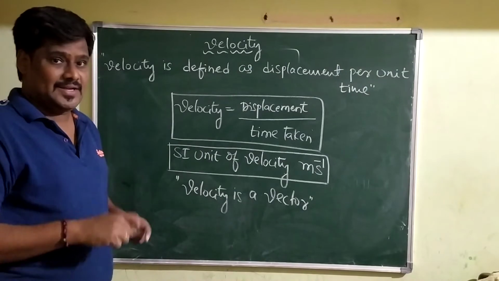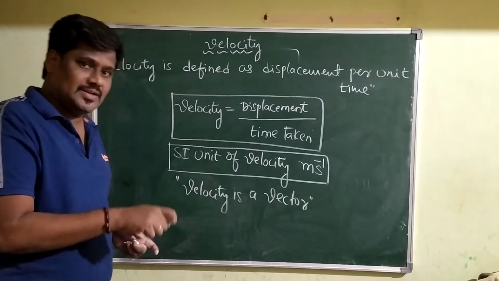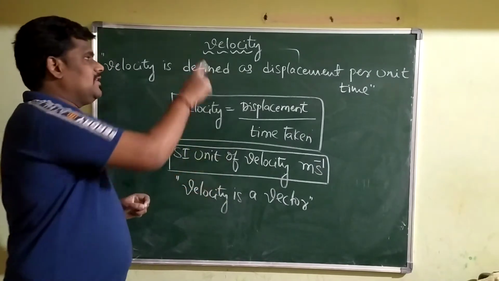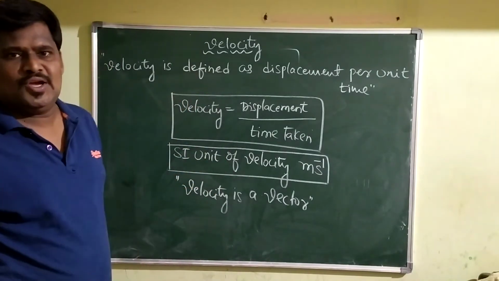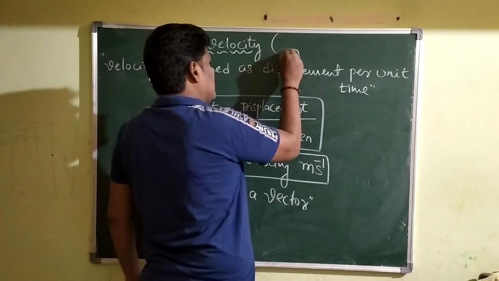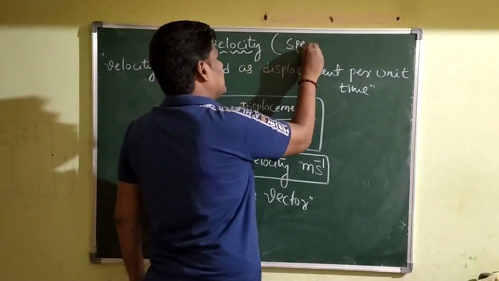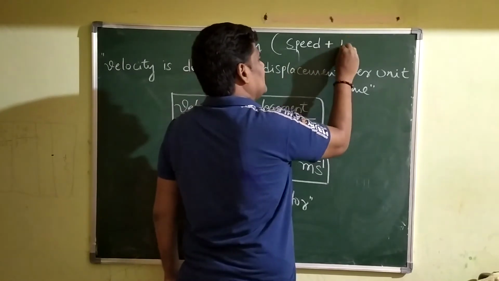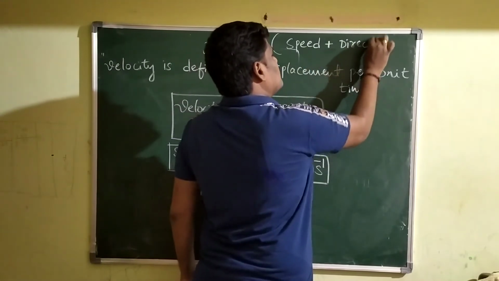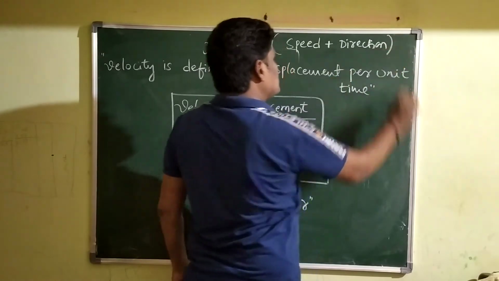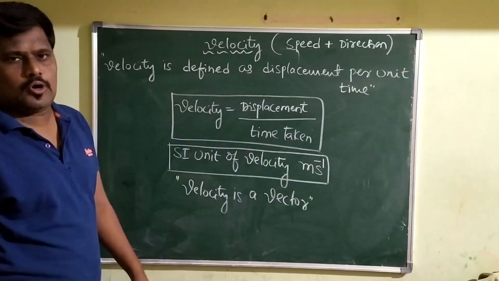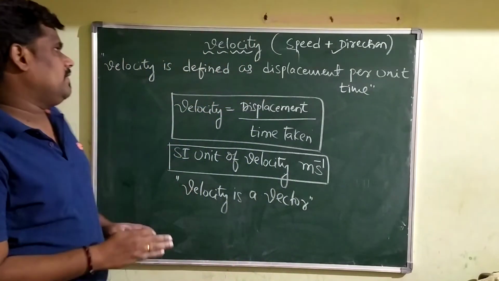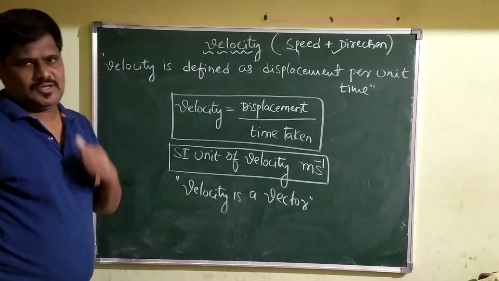So, when you add direction to the speed, that physical quantity we call a velocity. Therefore, what can I write for velocity? Velocity can be written as speed of a body plus direction of motion.